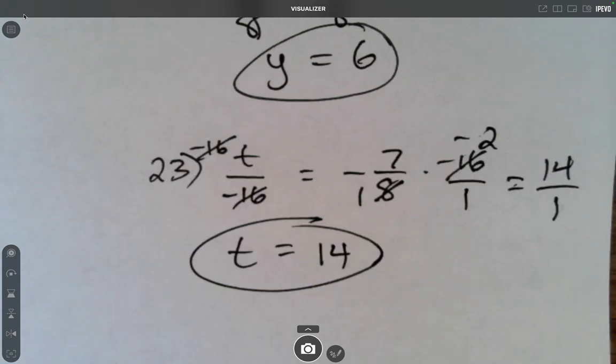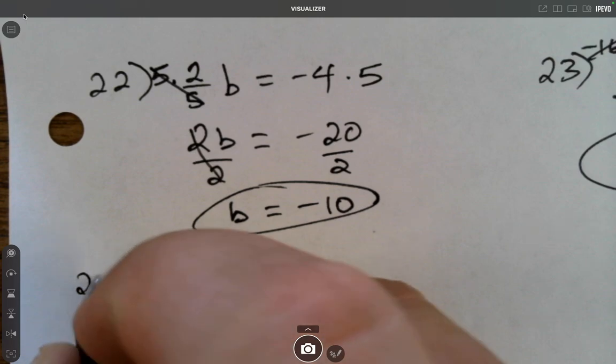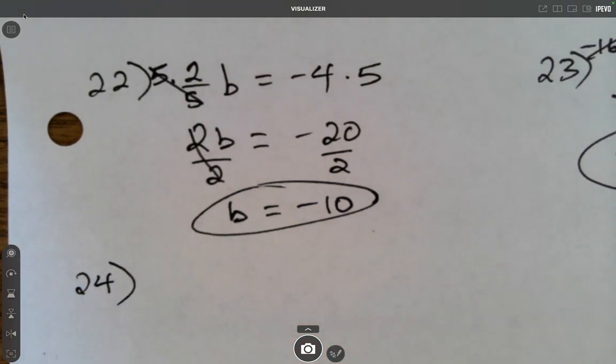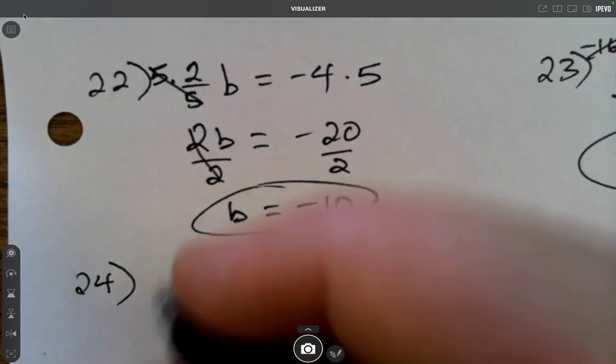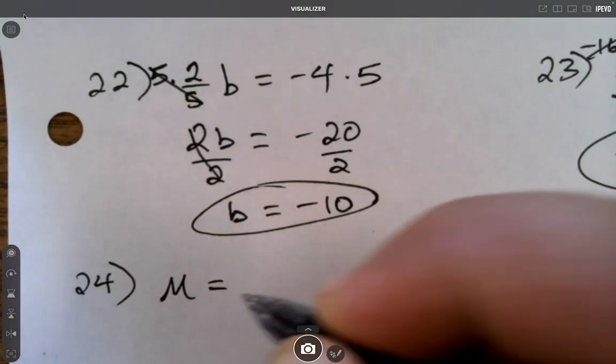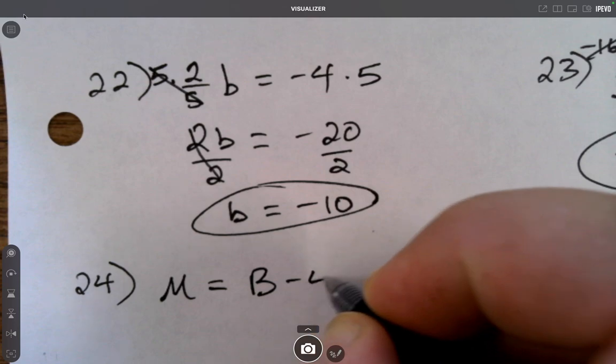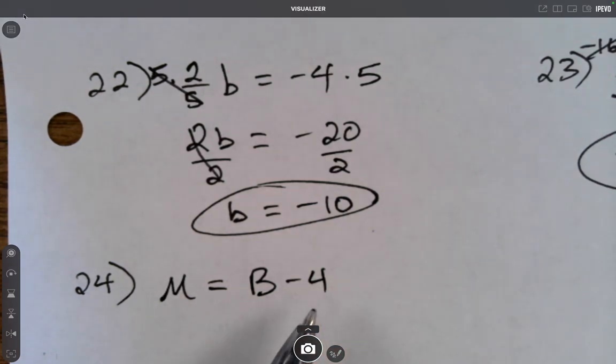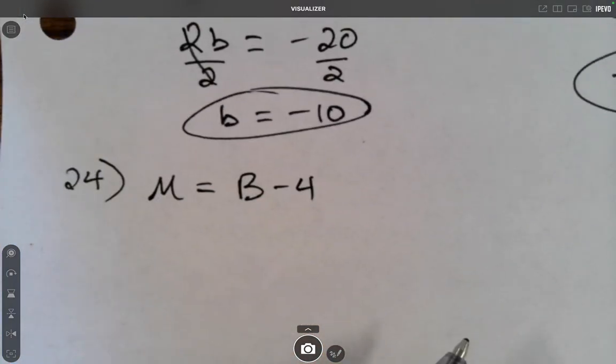Okay, 24. Max is 4 years younger than his sister Brenda. So to get Max's age, you have to take Brenda's age and subtract 4, because he's 4 years younger than Brenda.